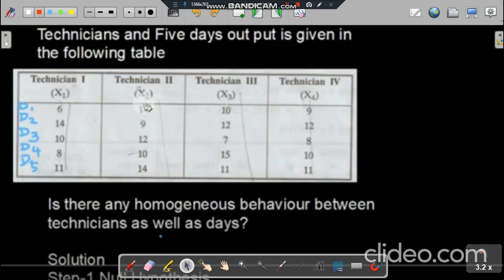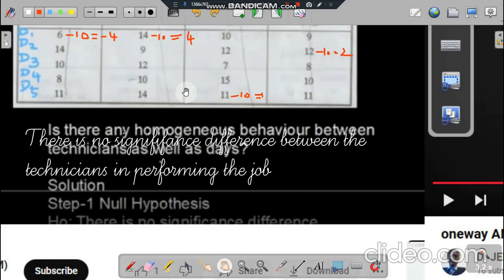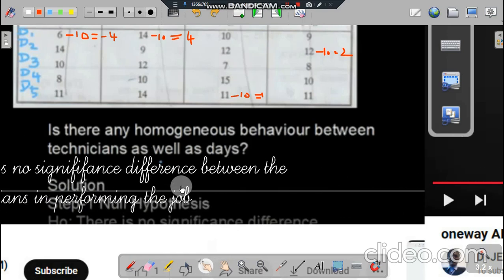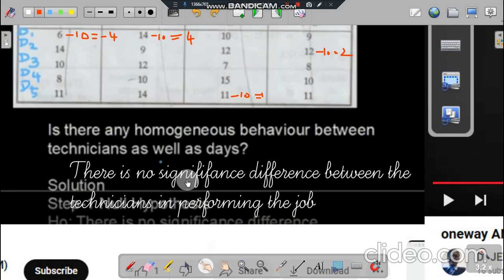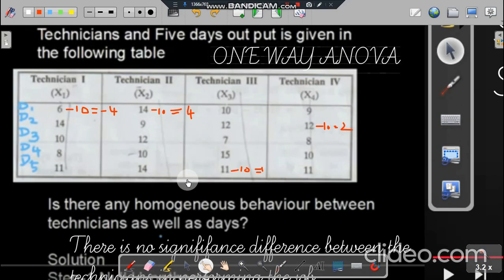Okay, so let us have a feedback on this problem, and you will see that there is no significance difference between the technicians performing the job. That's the answer. So let us have a feedback now.